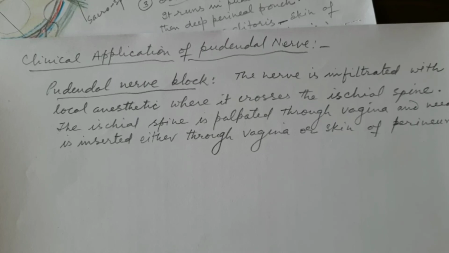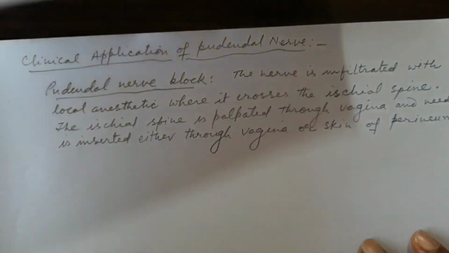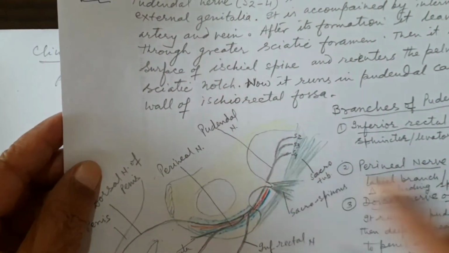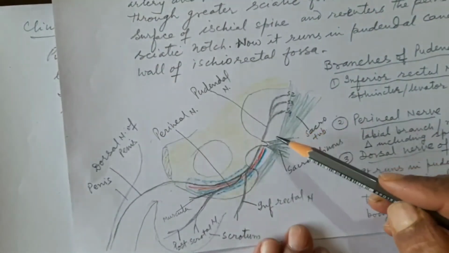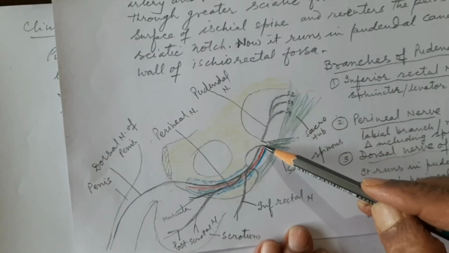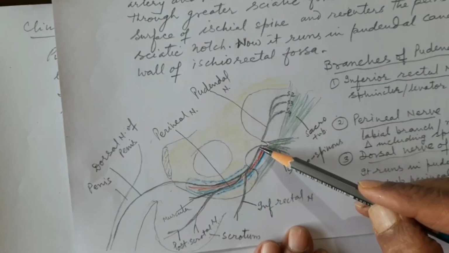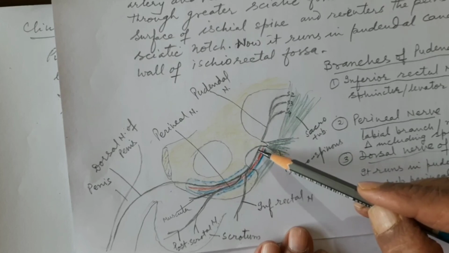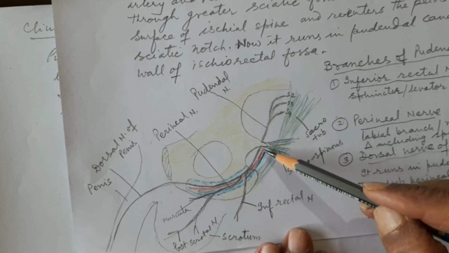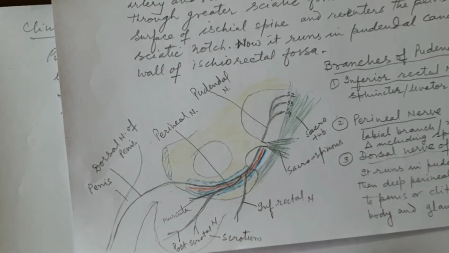This pudendal nerve block is done where it crosses the ischial spine. See here, this was the pudendal nerve. This nerve is coming and lying posterior to the ischial spine, and then it is entering inside the lesser sciatic foramen. So this is the site where one can inject the anesthetic agent.